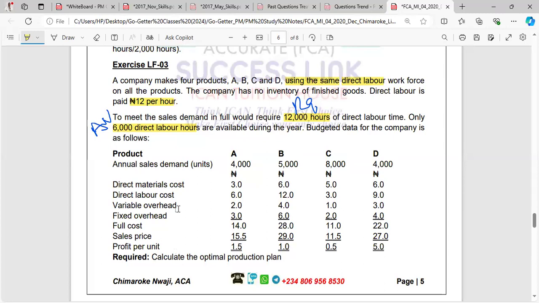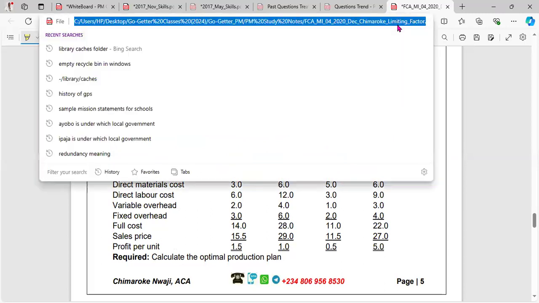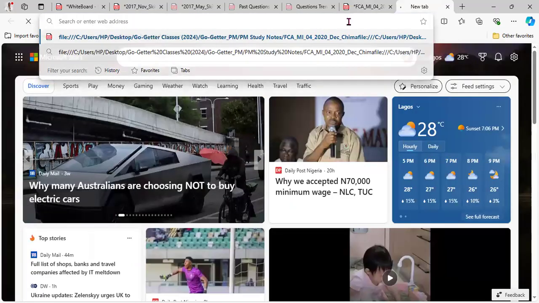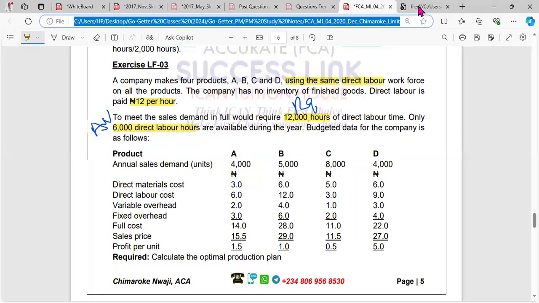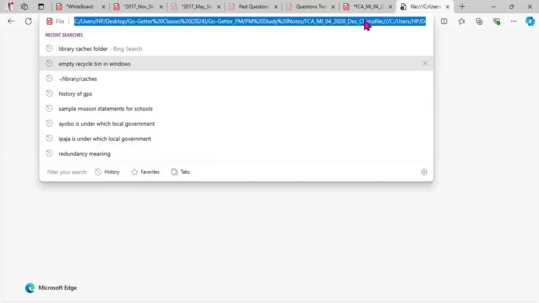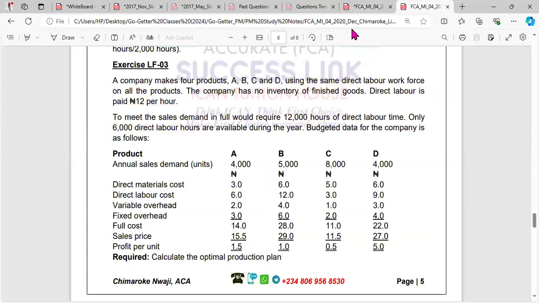Now let's look at it. Calculate the optimal production plan. I'm going to make a copy of this here so that I'll be going between. Very good.